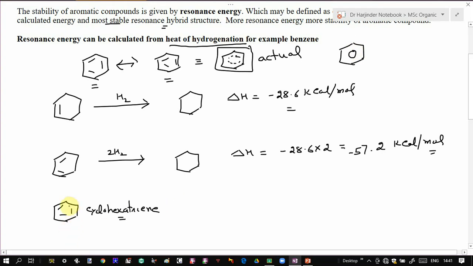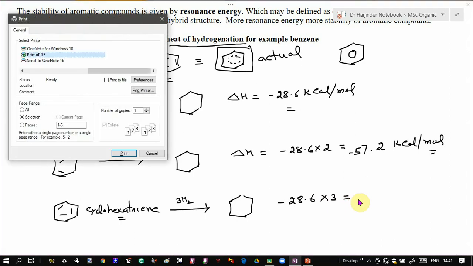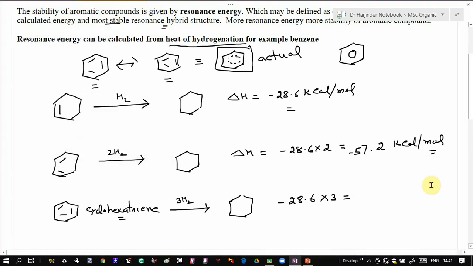If you consider this cyclohexatriene, in which three double bonds are present inside the ring, like these resonance structures, and you do its hydrogenation, the expected value, since there are three double bonds, will be obtained by multiplying this minus 28.6 by 3.